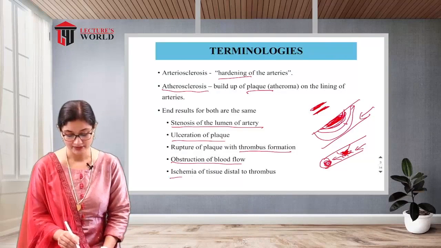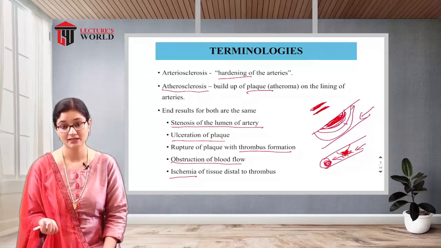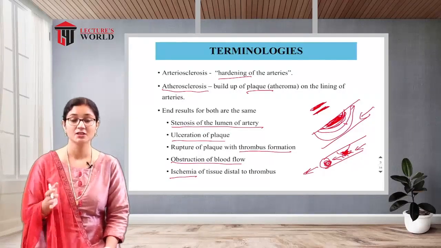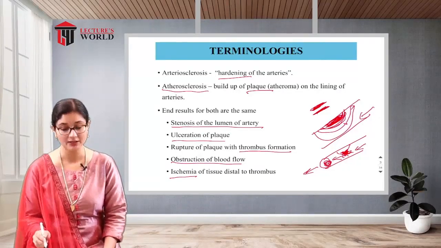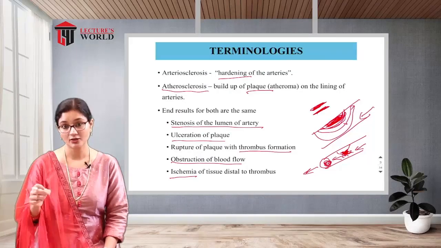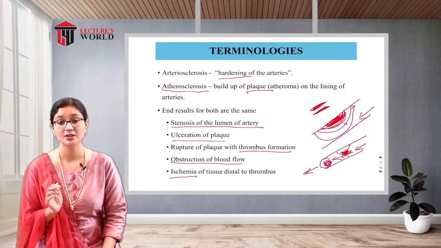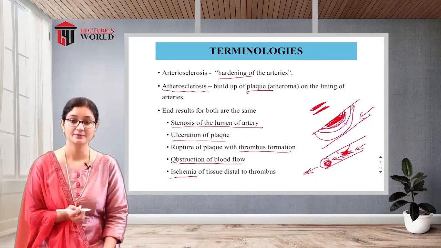And what will happen is ischemia, that is lack of blood supply to the region distal to the thrombus. Distal means below the thrombus, the upper part will not get affected, because the region below where the clot is will not be getting the blood supply.